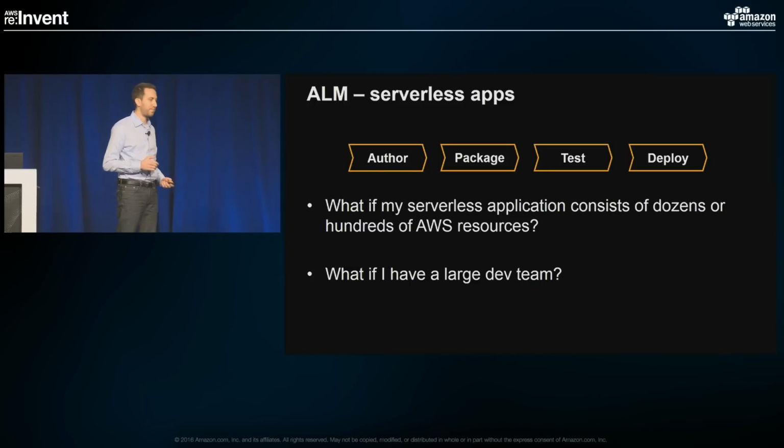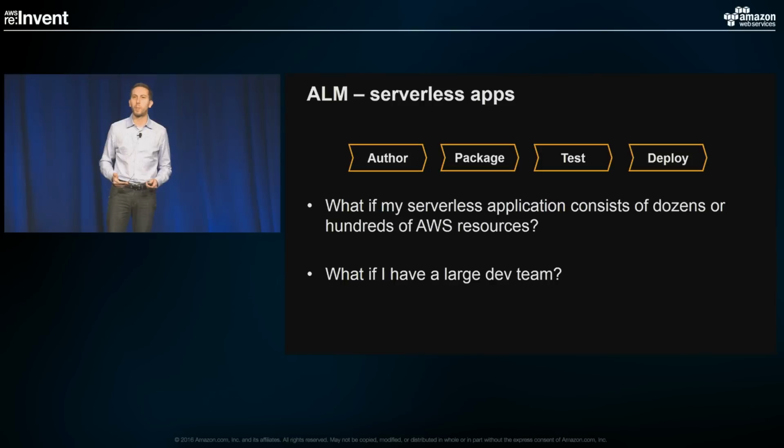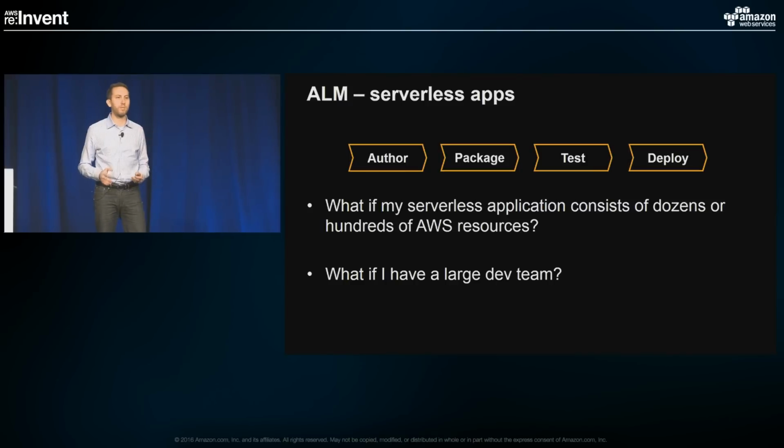However, as the complexity of your application grows, some questions become increasingly important. For example, what if I have a large application that contains dozens of microservices and hundreds of AWS resources? How do I define it?